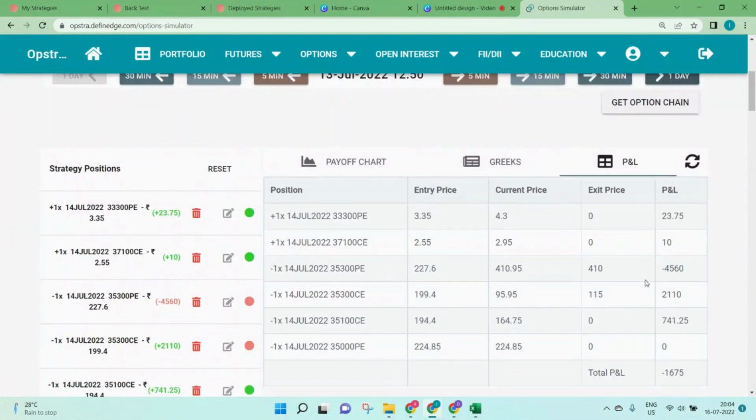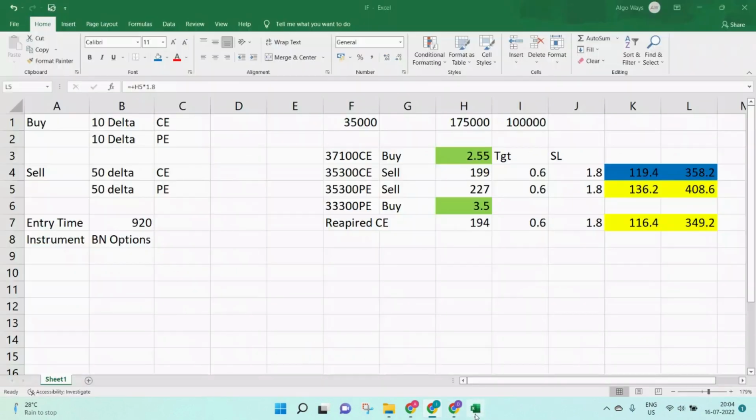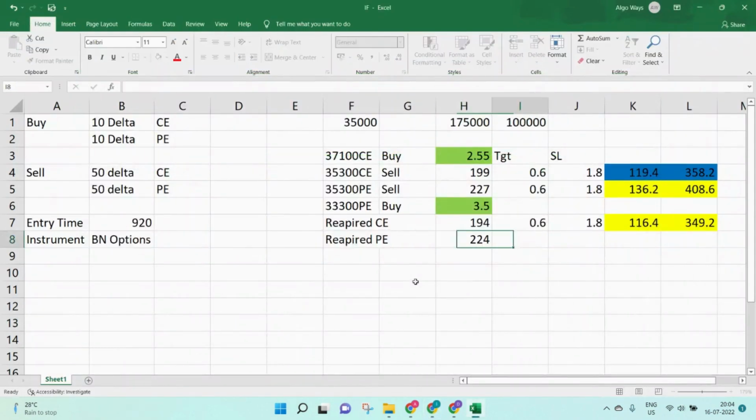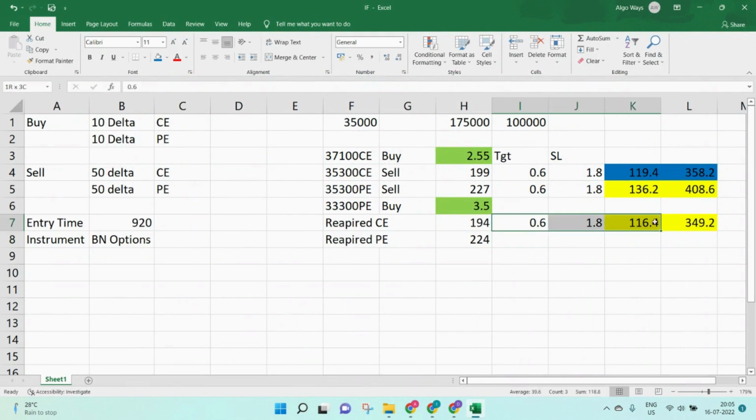So now we have these two positions open. So our PE sold is the repaired PE, at 228, I think. Yeah, 224. So we apply the same logic here for the stop loss and target.